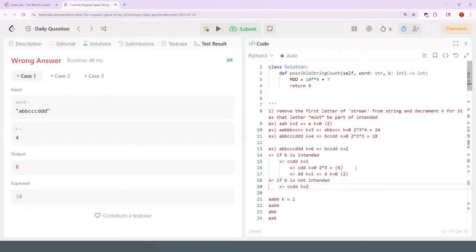If the B is not intended, then you're dealing with CCDD, k equals 2. And so if the first C is intended, then you're left with CDD, k equals 1.